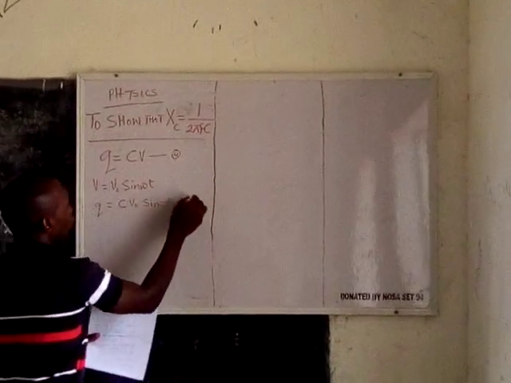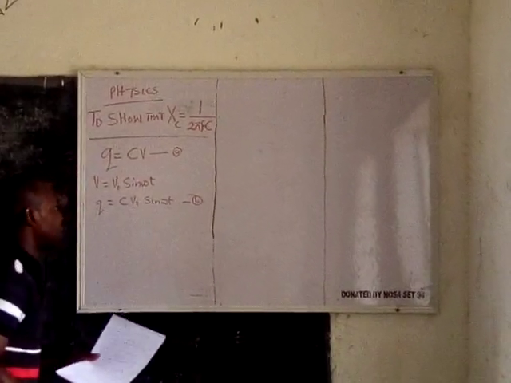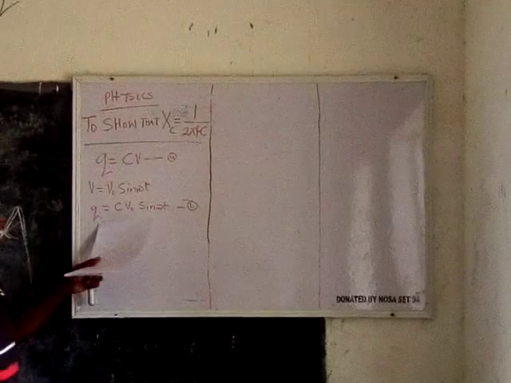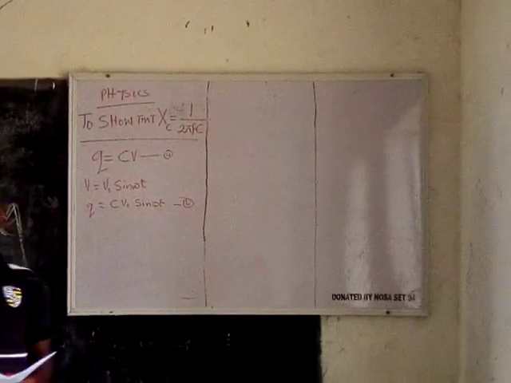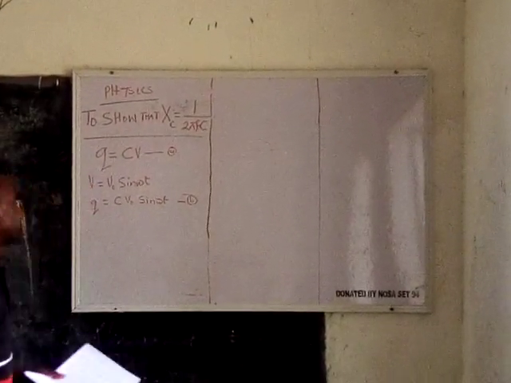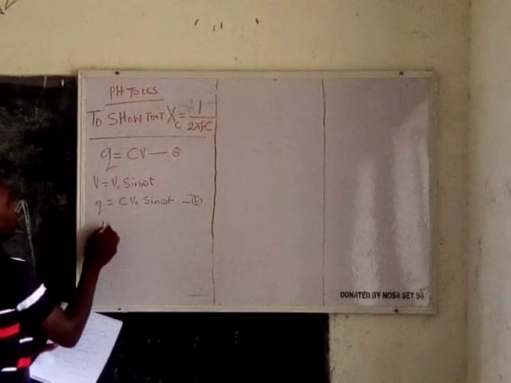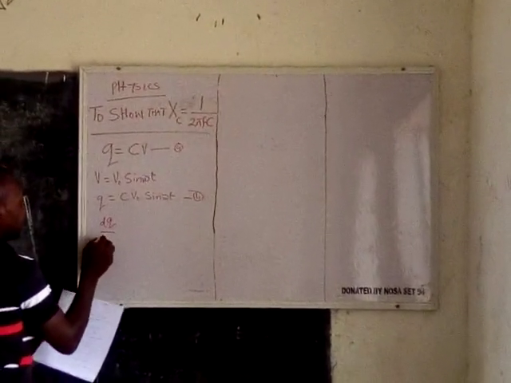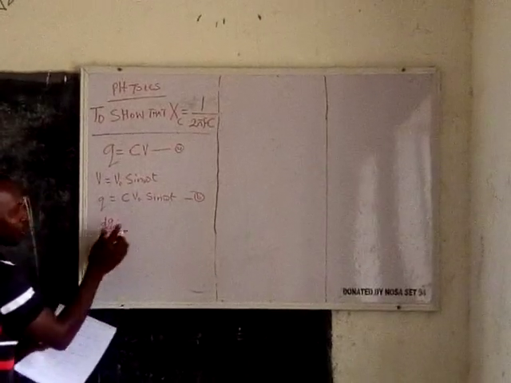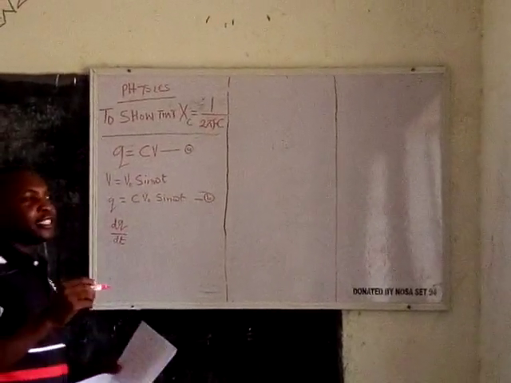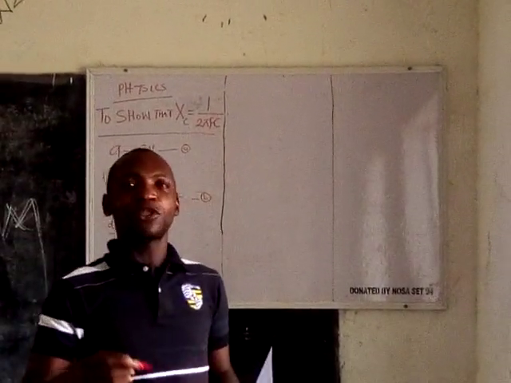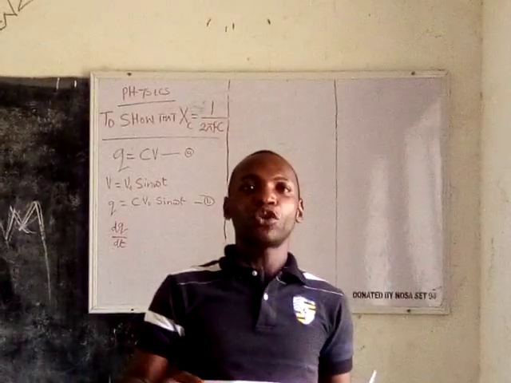When we label this as B and differentiate with respect to t, you will have dq over dt, which of course you know, the time rate of charge, is equal to current.